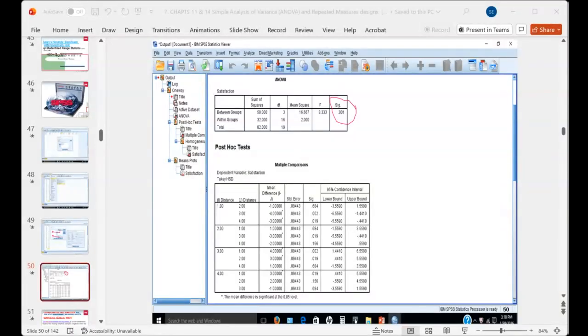Now, big question is, did we reject the null according to this? Alpha 0.05. Yes, because the p-value, the significance circled in red, that's the probability, is less than 0.05. We said that. It's always the same.